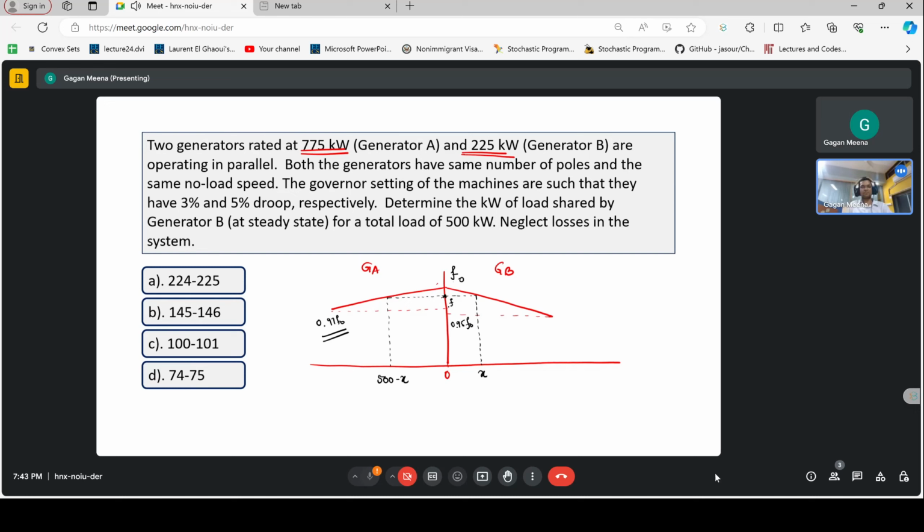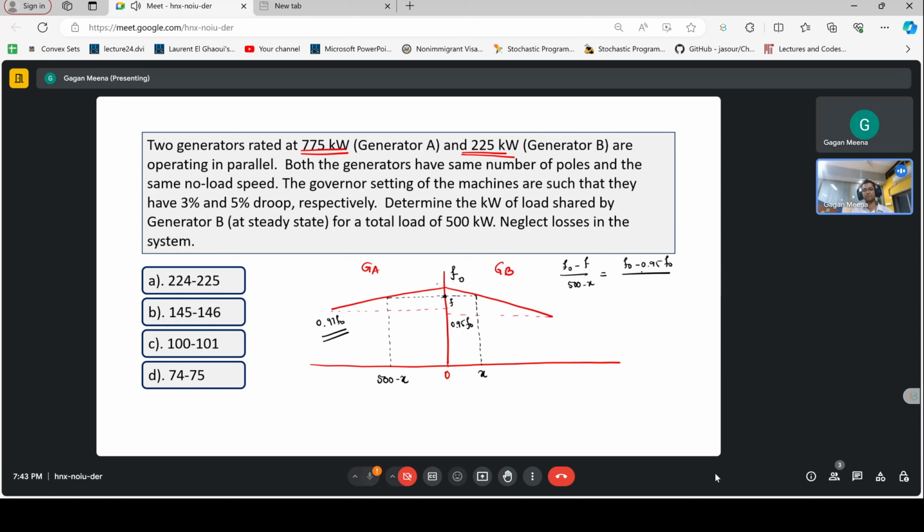Then next is F naught minus F. So first we saw this. So let us label this A, B, C, D, E. So AE divided by DE is equal to AB divided by BC. This is for generator 1. Similarly for generator 2 also we have to write.